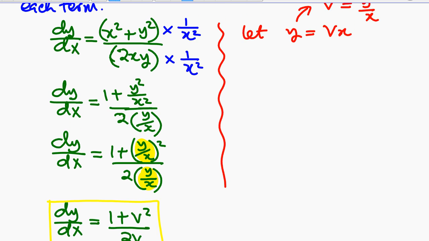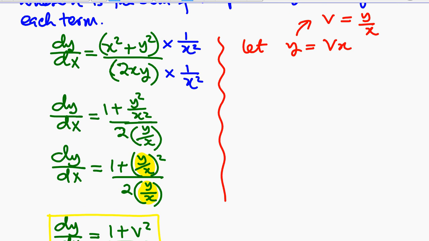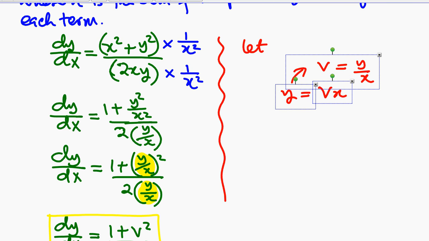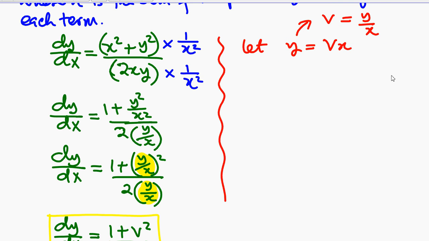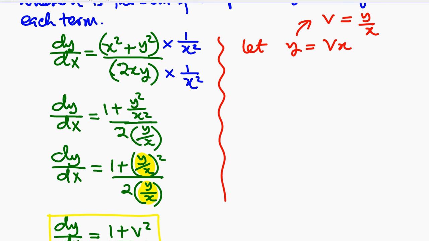I just want to go back up here and move this down so that I can see everything that I'm working with. Now I'm going to differentiate this and use the product rule.